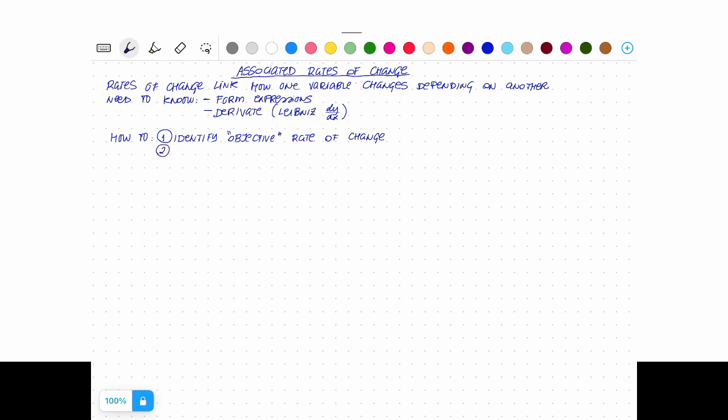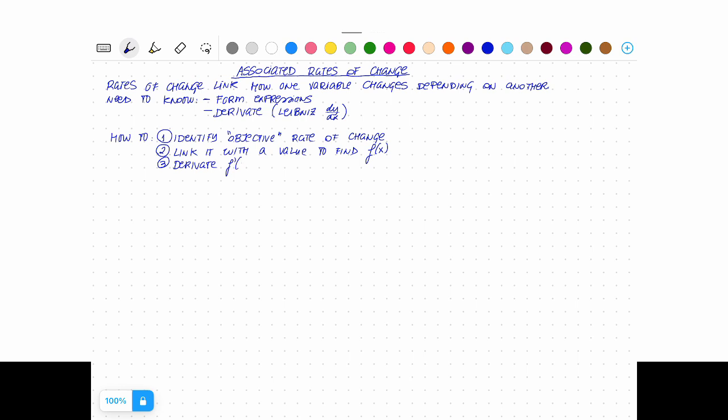Then you're going to have to link it with a value to find f of x, because you need a function to derivate. Once you've got it, you can derivate.